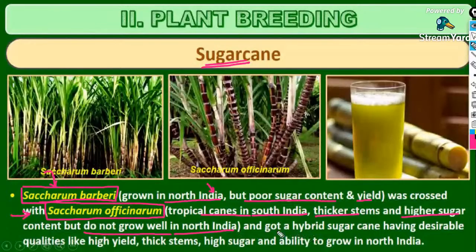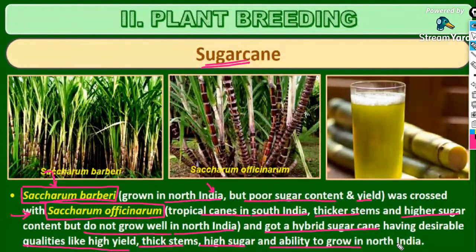They got a hybrid sugarcane having desirable qualities like high yield, thick stems, high sugar, and the ability to grow in North India, because Saccharum barberi and Saccharum officinarum were crossed together. What was the only trait in Saccharum barberi? It could grow in North India and adapt to its climatic conditions, whereas Saccharum officinarum couldn't grow in North India.